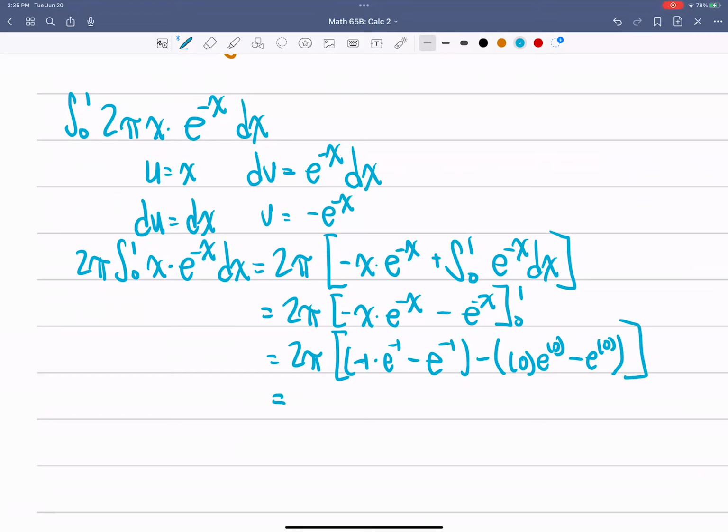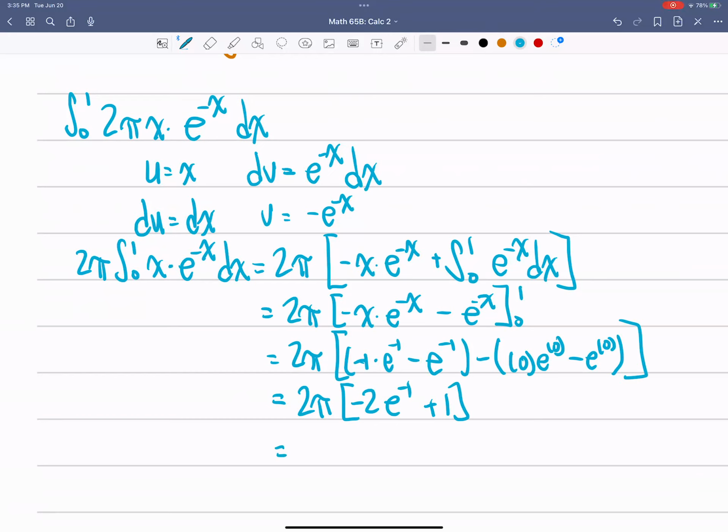So this is going to be equal to 2 pi times negative 2 e to the negative 1, and then plus 1. Yep, looks good there.